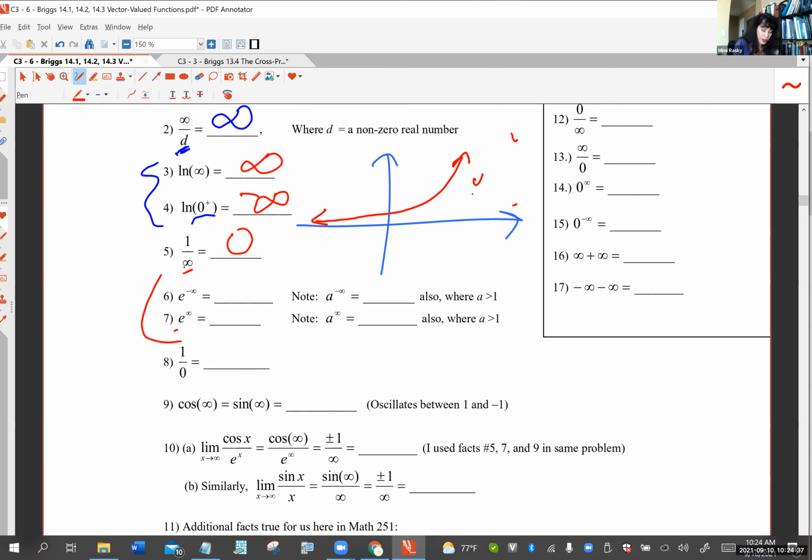So e to the x would look like that. What's e to the negative infinity? So as x approaches negative infinity, x goes that way. What is this graph approaching? 0. And a to the negative infinity will also approach 0 if a is some base larger than 1. What about e to the infinity? So as x gets very, very large, what is e to the x doing?